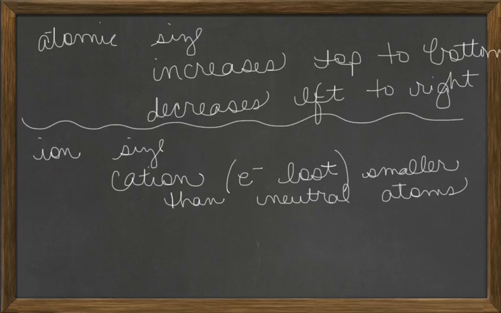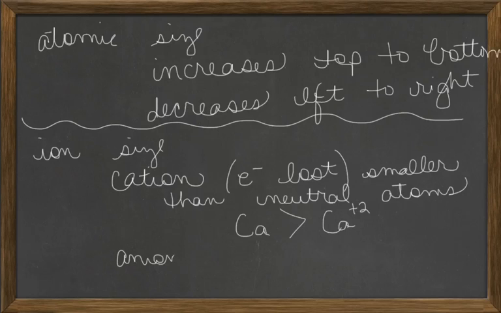In other words, what this is saying is that a calcium atom is larger than a calcium ion. The ion's smaller because it's lost electrons. And so if we turn that around, what's it going to mean for anions?